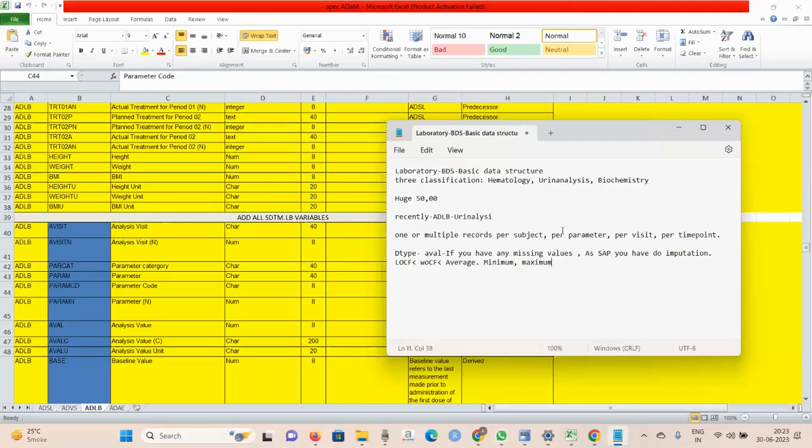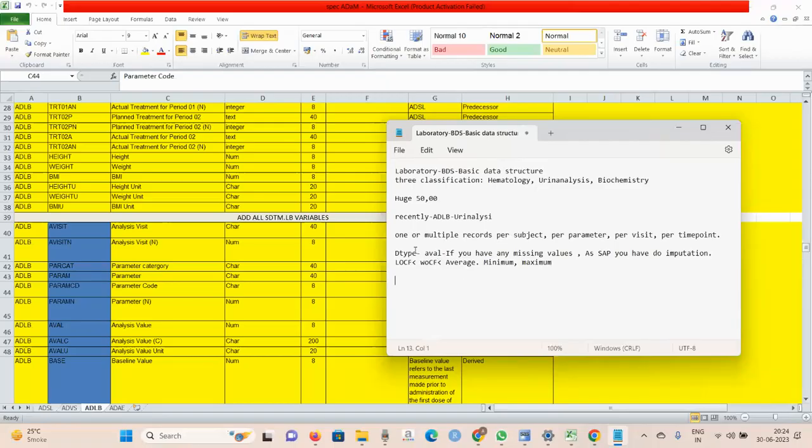It depends on the SAP and on how the client wants to do it. Not all subjects go through the laboratory tests. For example, some subjects don't want to give their blood samples, so at that time the AVAL value may be missing. For that reason, the statisticians will recommend something in the SAP to handle the missing values.